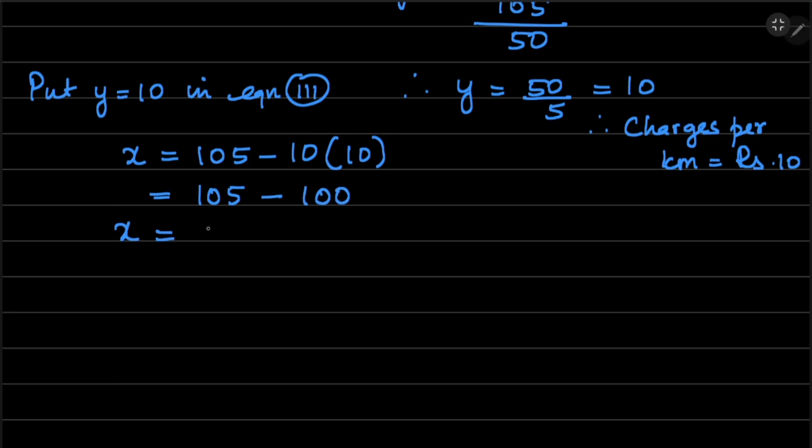That is, X is nothing but 105 minus 100, which is just 5. So therefore, what is X? X is the fixed charge. Therefore, the fixed charge is nothing but rupees 5, and the charge per kilometer is rupees 10.